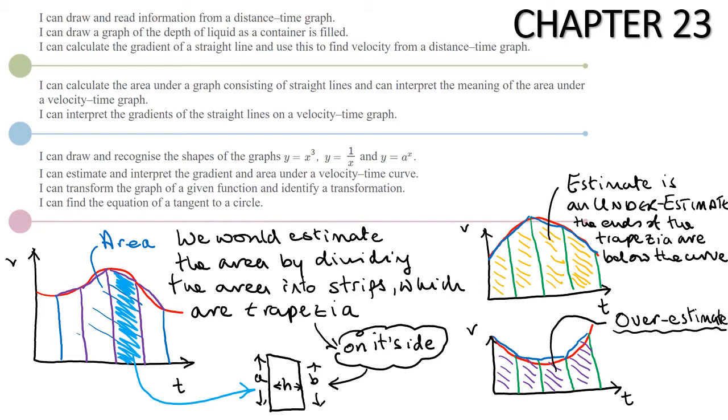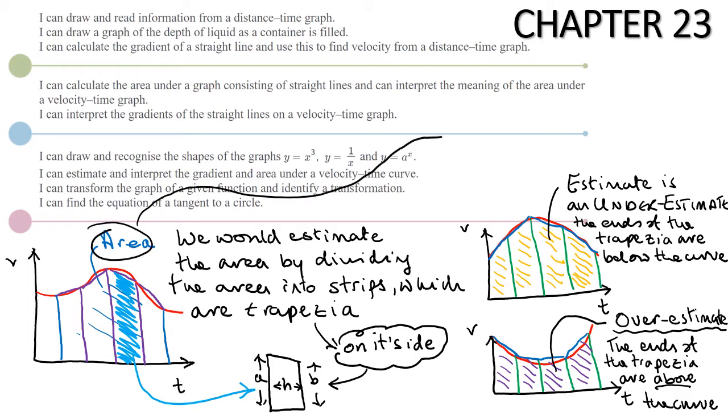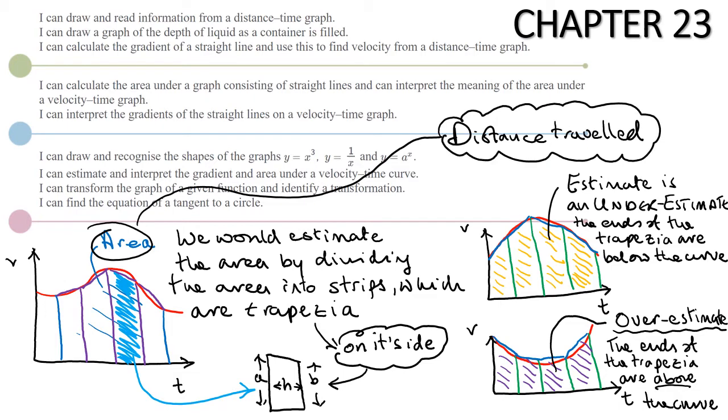The ends of the trapezia are above the curve that we're trying to estimate the area of. So remember, when we're calculating this area, we're finding the distance travelled. That's why we're working out this area and estimating it when it's a curved shape.